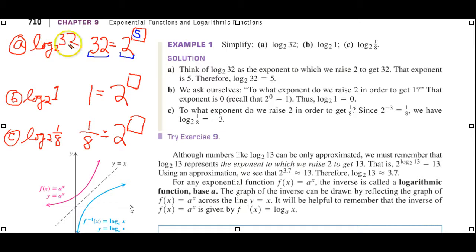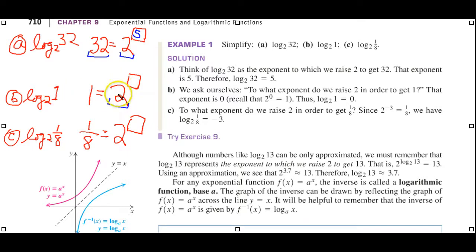That is the log of this. It's the exponent of the base 2 that will give you the result of 32. So again, I'm strongly suggesting that you set it up in some pattern that you can solve it. So again, what will be our exponent of base 2 that will give us a 1?